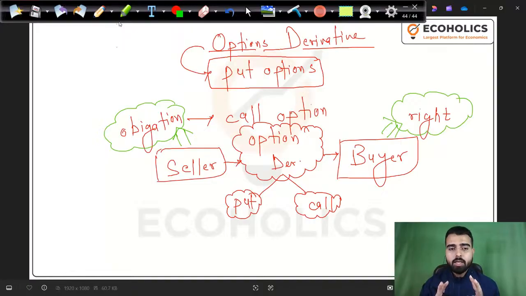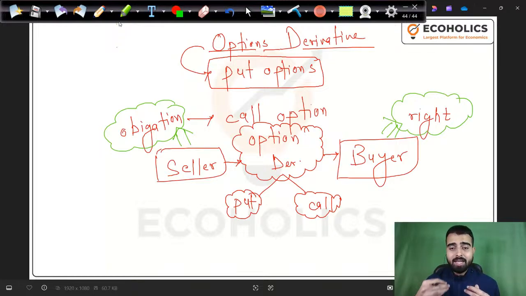If I am selling a put option, it means the buyer has a right. Whosoever I have sold that particular option to, that buyer has a right to sell the underlying commodity to me at whatever agreed price.